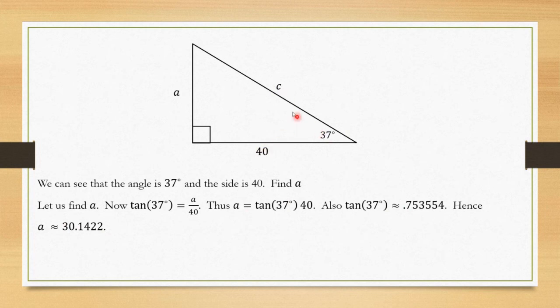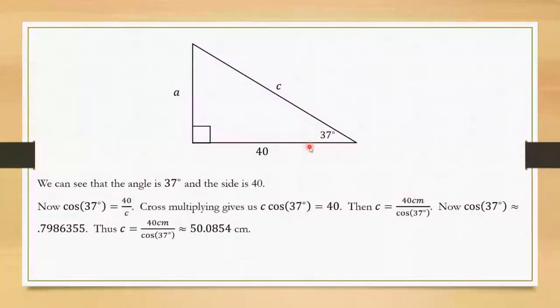So adjacent, hypotenuse. What trig function do we use? Cosine. Cosine of 37 degrees is adjacent divided by hypotenuse. That's what I have here.